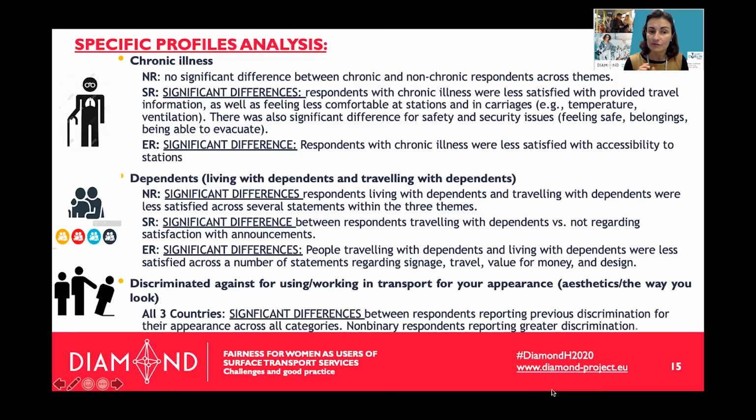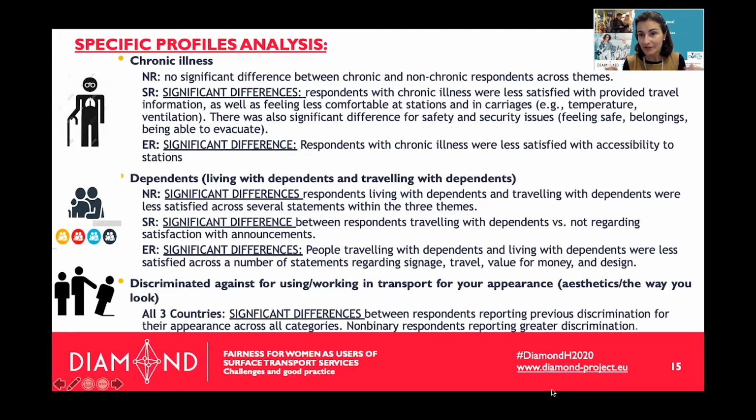And the same was true for the Spanish and the Eastern European samples. So in the Eastern European sample, people traveling independently and living independently were less satisfied across a number of statements regarding, for instance, information, value for money, and the design of the facilities.